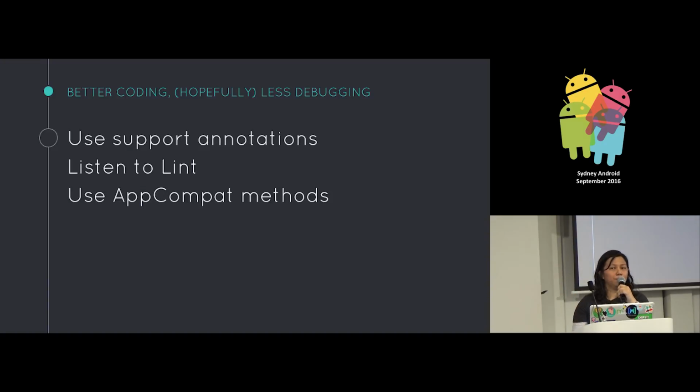They're deprecating more and more methods in older support libraries, or you're moving your target SDK to 24, and sometimes we forget that there are methods that are not available on old devices. So use app compat. It will prevent you from encountering no such method errors in older APIs.